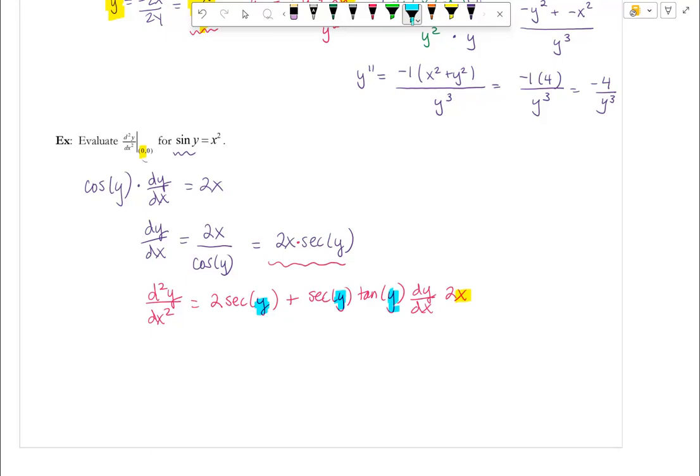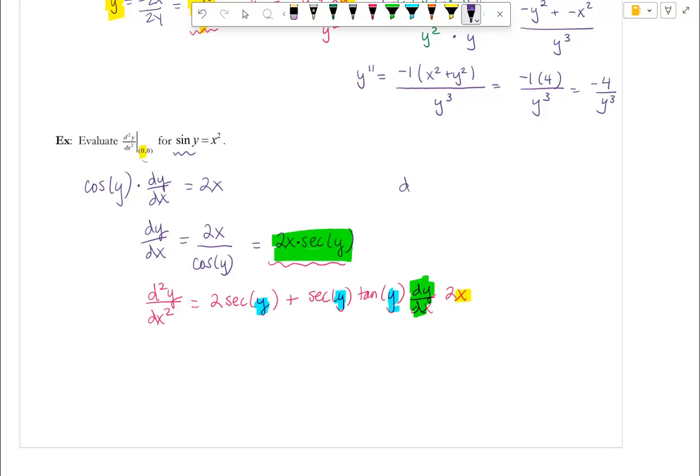The only thing still a variable is dy dx at 0, 0. We could substitute 2x secant of y for dy dx in our expression, and that would be just fine. But alternately, because we're evaluating for when x and y are both 0, we could just evaluate dy dx at 0, 0.